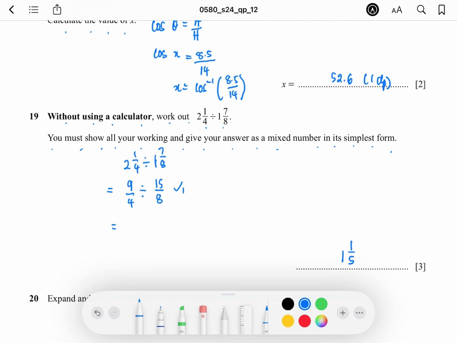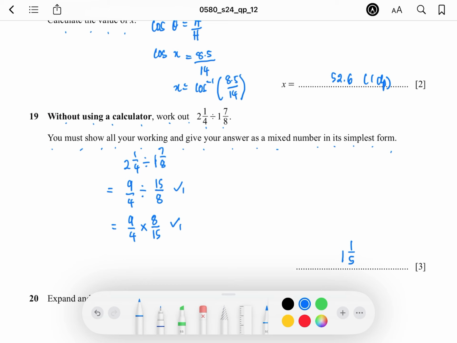And then calculating this one, changing the division into multiplication and flipping the second fraction there, you will get 1 mark. If you want to cancel out and then simplify, that's fine. If you want to leave it like this, that's fine as well.